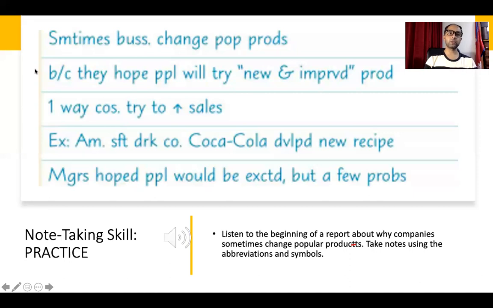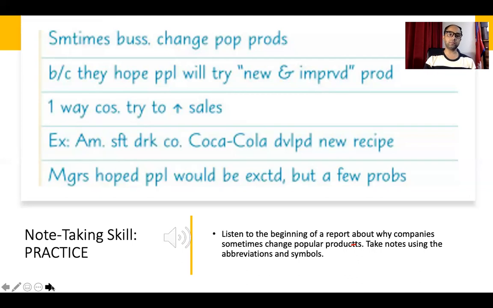Your notes should look like this. If your notes don't look like this, please try to listen again and revise. This is one important point that you have to remember for upcoming lessons and any time you have listening activities. That way you can take effective and good notes.